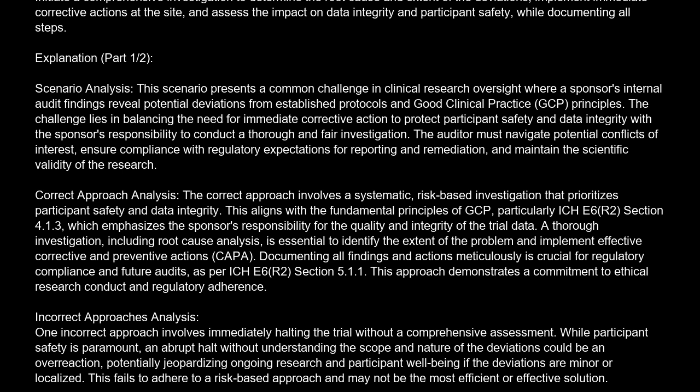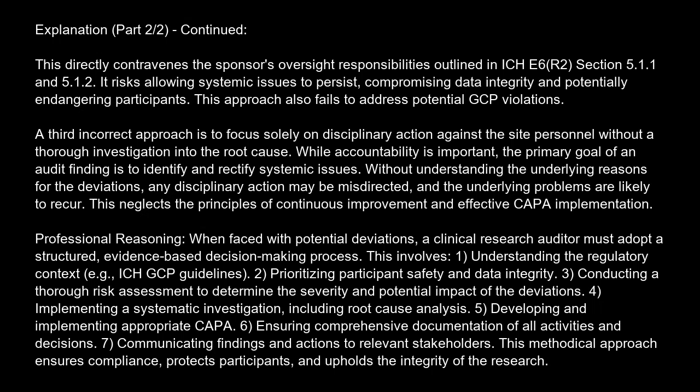Another incorrect approach is to dismiss the findings as minor and rely solely on the site's assurances without independent verification. This directly contravenes the sponsor's oversight responsibilities outlined in ICH E6 R2 Sections 5.1 and 5.1.2. It risks allowing systemic issues to persist, compromising data integrity and potentially endangering participants. This approach also fails to address potential GCP violations.